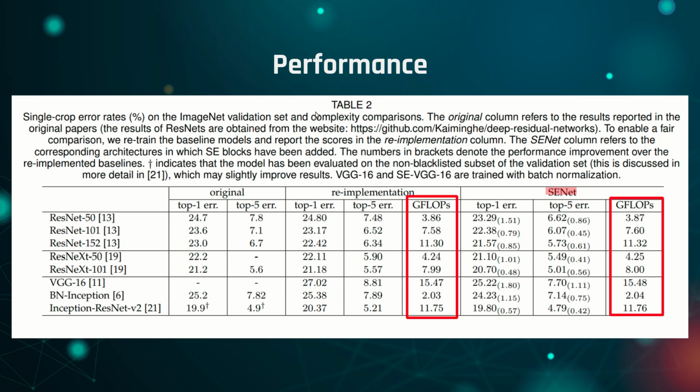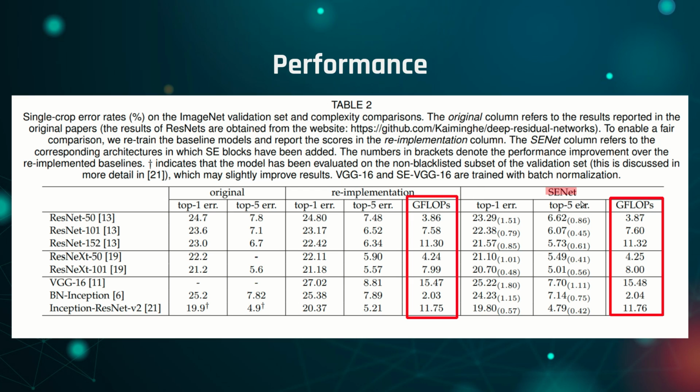And we can see the final slide I have here is the performance. Let's see this re-implementation part, and then the squeeze and excitation part. So it takes the ResNet-50 and the author re-implemented it. The GFLOPs is 3.86.